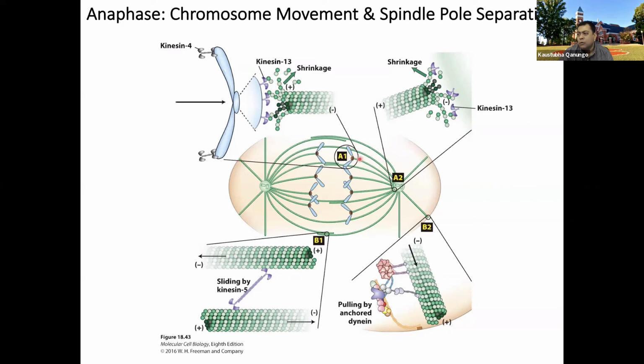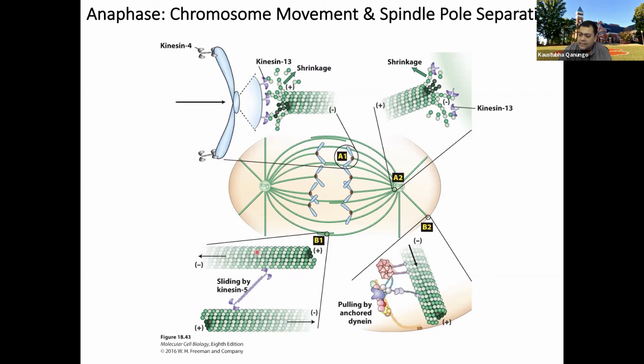That will pull this chromosome towards the center. Then what is happening right here? You have kinesin 13 shrinking towards the minus end. So you have shrinking on this end, and shrinking on this end. All of them help to shrink this. This happens to these polar microtubules as well.